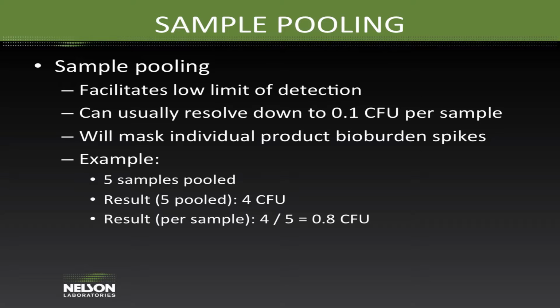The big problem with pooling is that it will mask individual bioburden spikes. So an example here, let's say you pool 5 samples together, and the result of your 5 samples pooled is 4 CFU. Mathematically, you just divide 4 CFU by 5 samples, so your average is 0.8 CFU. Now, if all 4 CFU came from one sample, rather than being split up between the 5 samples, it's less of an issue with 4.